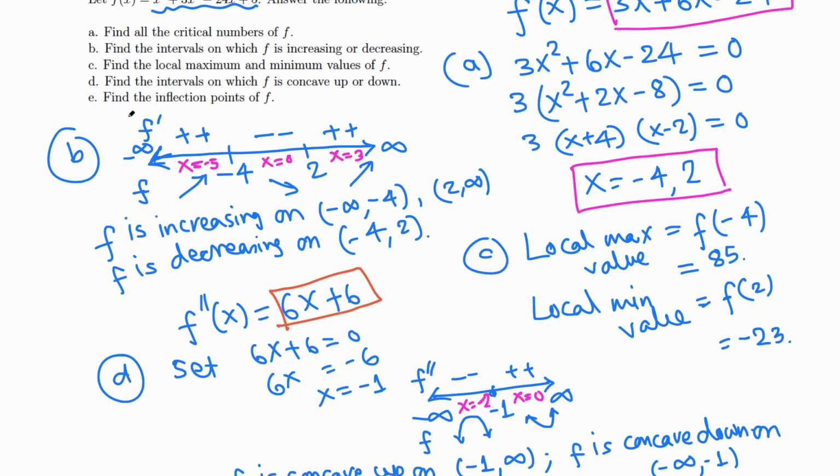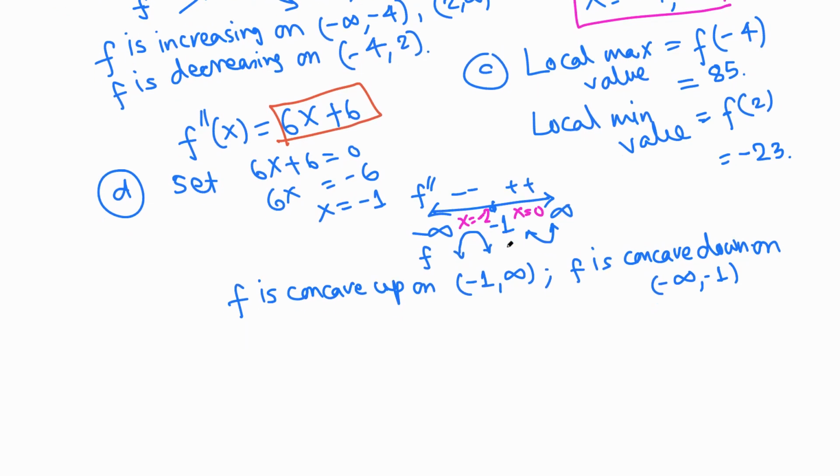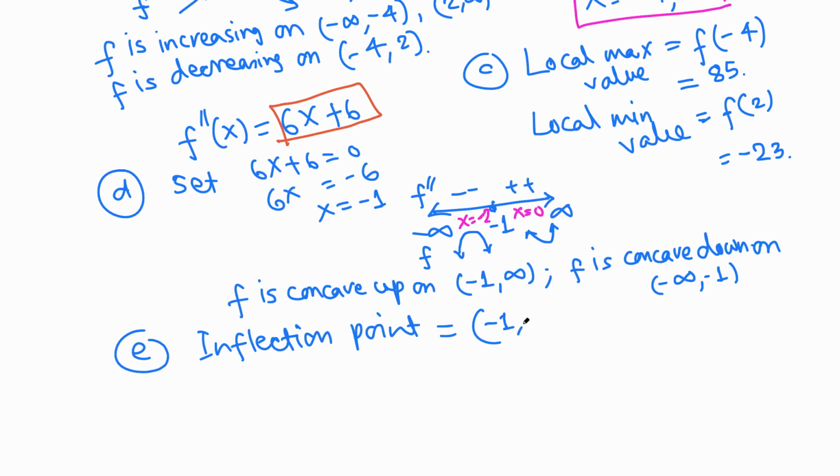We need to find that. Find the inflection point of f. There's only one. A point means an x value and the corresponding y value. So we got an inflection point, that is negative 1, comma, the corresponding value of the function, because a point means x and y. A number means just the x value.